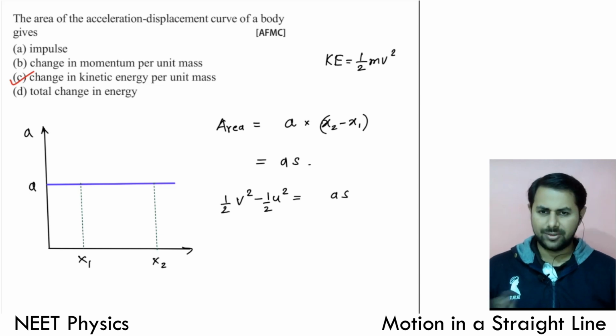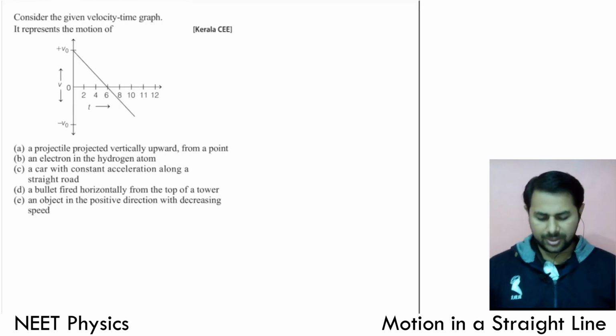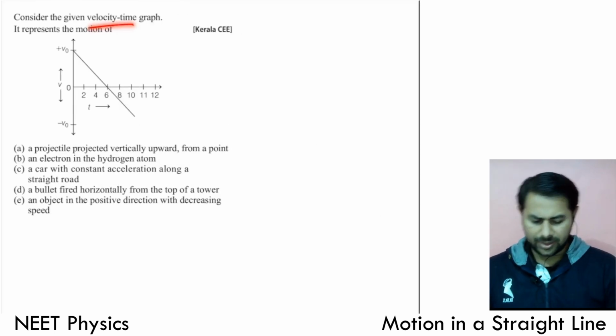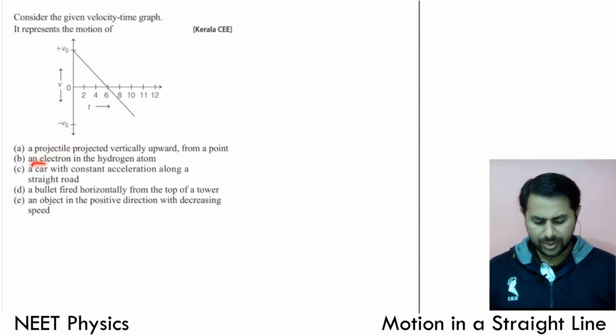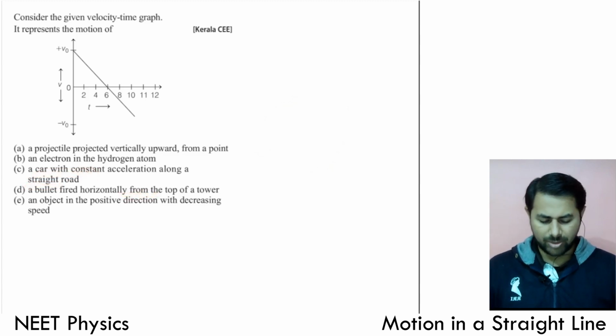All right, good. Then let's see this one. Consider the given velocity time graph. It represents the motion of a projectile projected vertically upward from a point, an electron in a hydrogen atom which revolves in circular motion, a car with constant acceleration along a straight road, a bullet fired horizontally from the top of a tower, and an object in positive direction with decreasing speed.